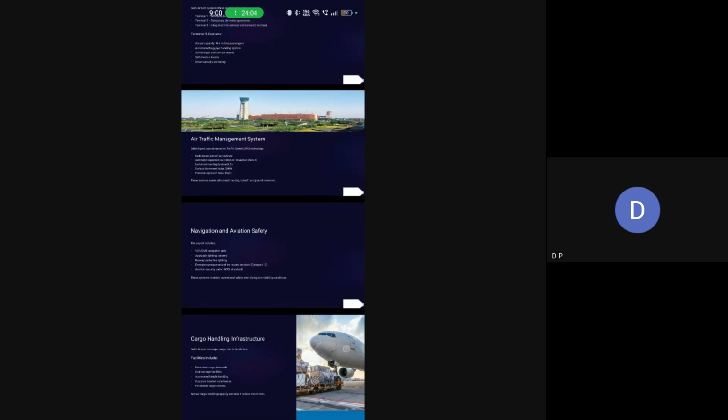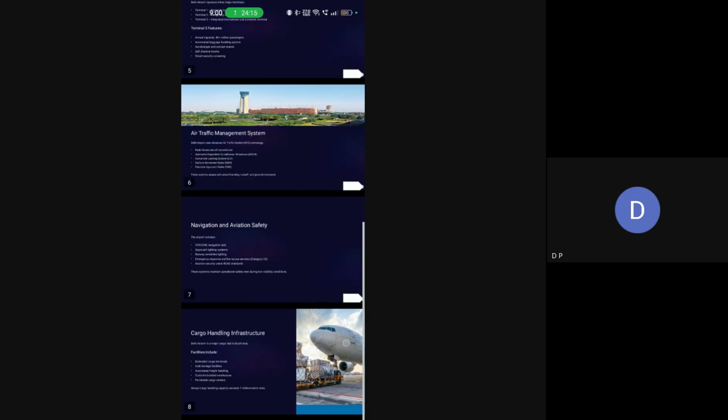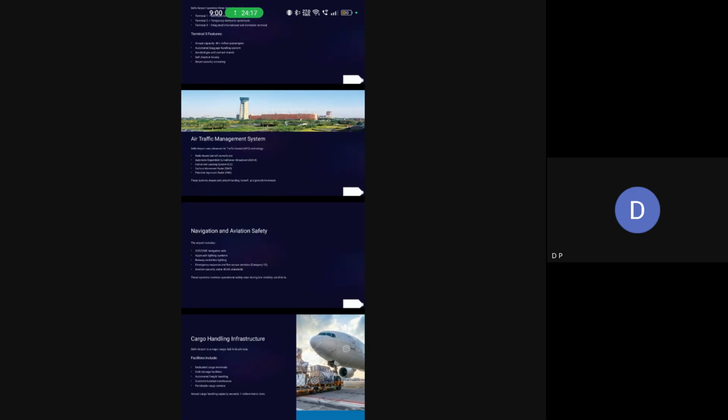The airport includes VOR/DME navigation aids, approach lighting system, runway centerline lighting, emergency response and fire rescue services, Category 10, and aviation security under BCAS standards. These systems maintain operational safety even during low visibility conditions.